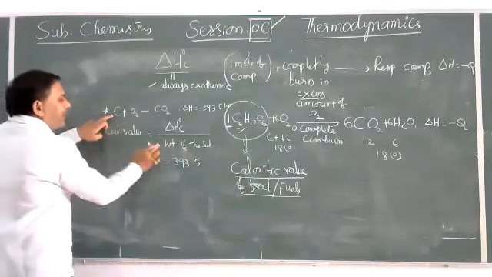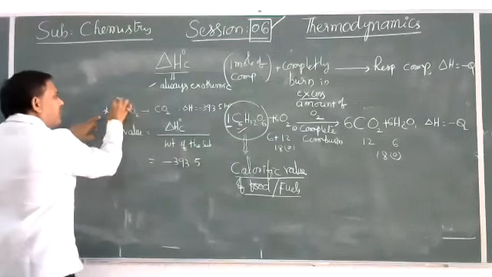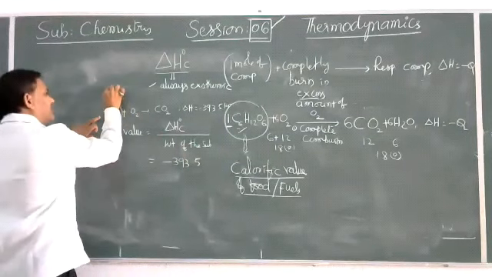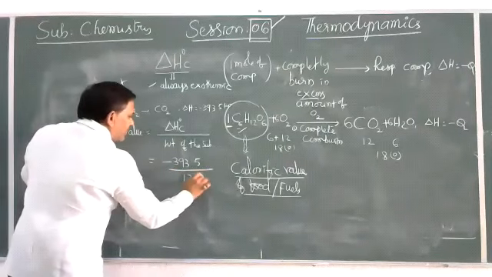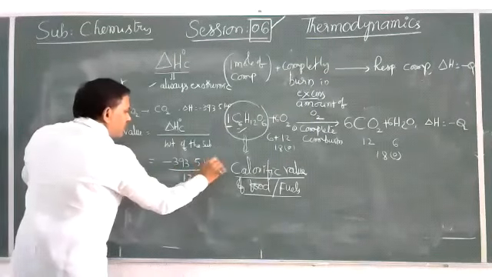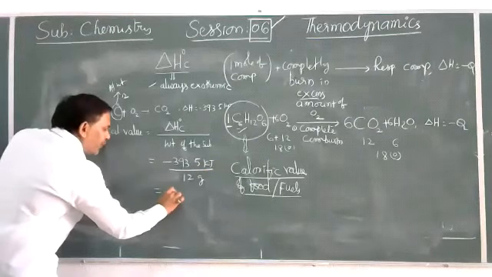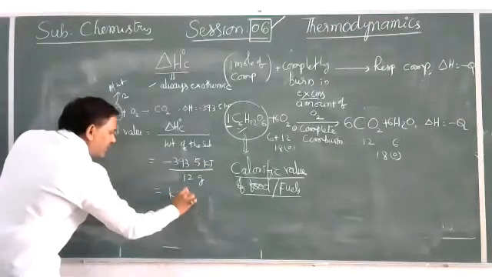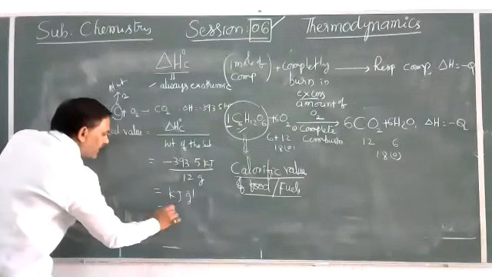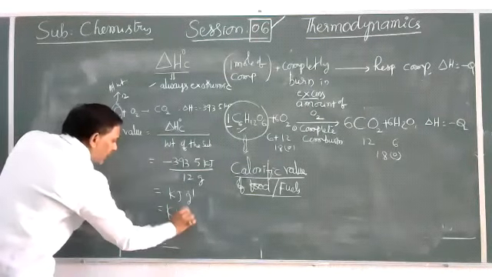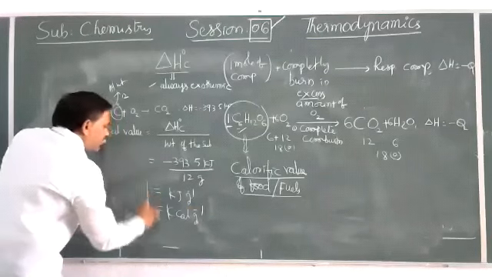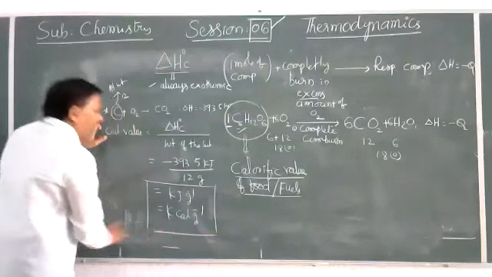And here weight of the substance means carbon weight, that is atomic weight, 12 grams. Take divided by 12 grams. This is in kilojoules. So finally the calorific value units are kilojoules per gram, or kilocalories per gram. This is the unit of calorific value.